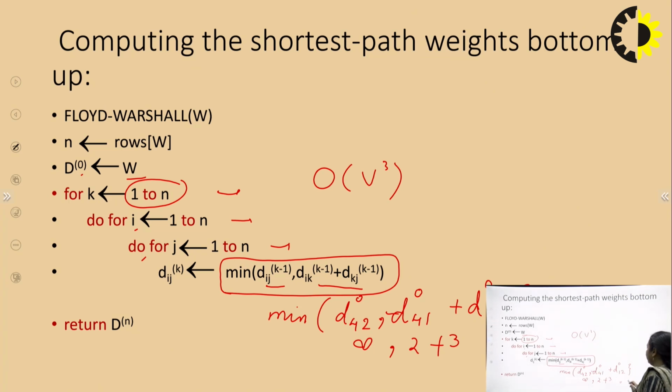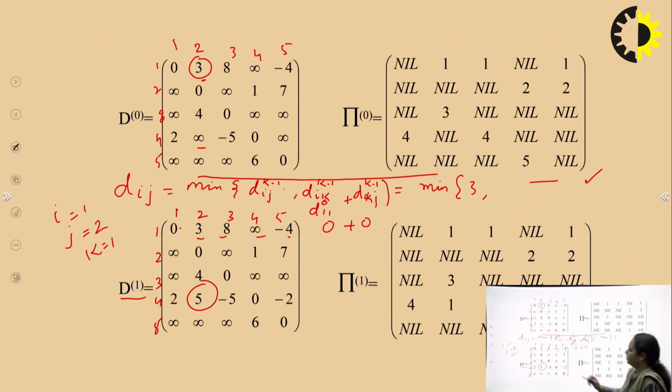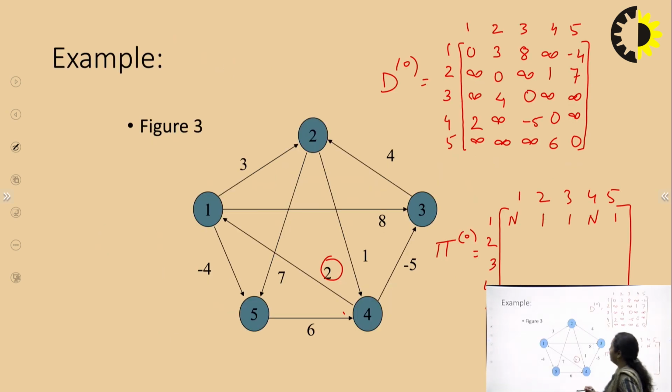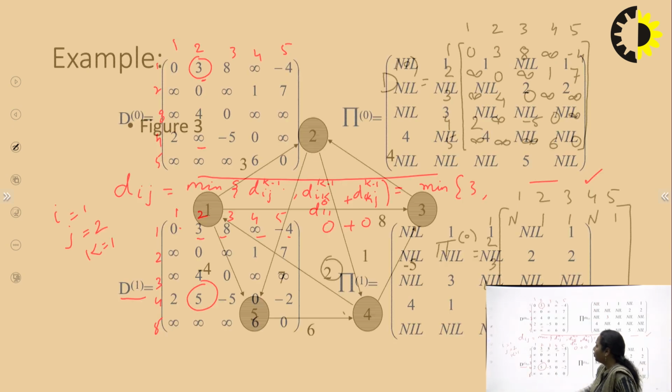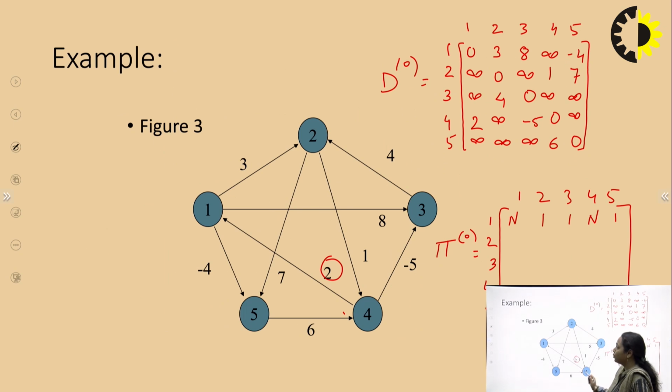So what we get? Minimum of infinity, comma 5. Which is minimum? 5 is minimum. So we have found the value: infinity is replaced by 5. And how are we reaching here? By paying cost 5. Check the graph. We are reaching 4 to 2 using 1.